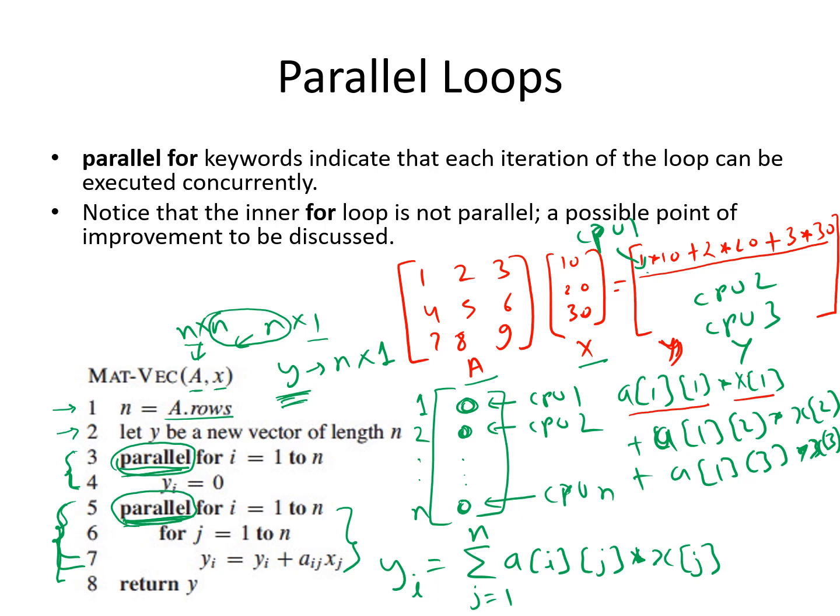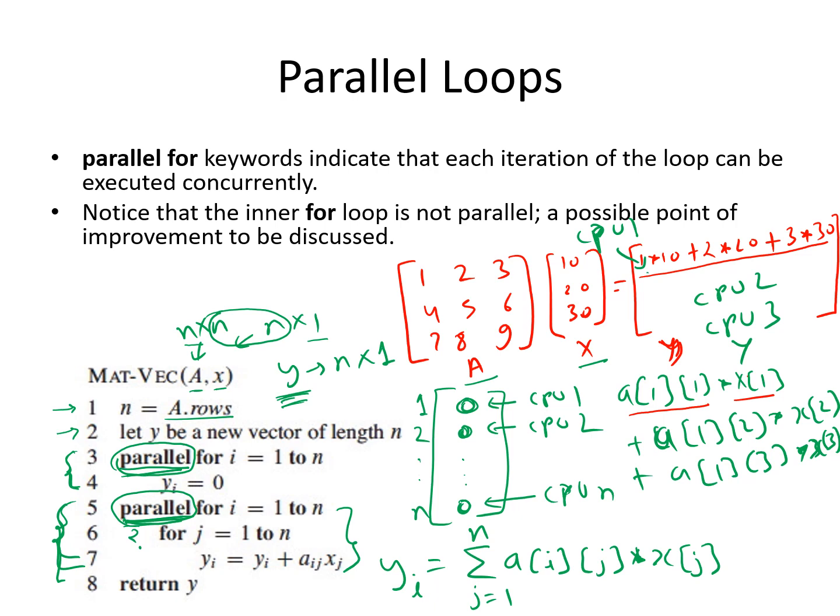Well, you might wonder, shall we also add a parallel in front of the inner for loop, and maybe also further parallelize this second for loop at line 6? Well, we'll come back to that one. So let's now think about the complexity of this matrix vector multiplication after we have added these parallel keywords. Notice that by default, if there was no parallelism, let's say this was sequential code, then what was the complexity of this algorithm?